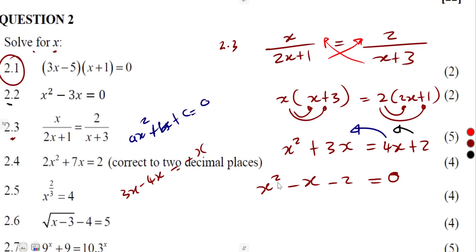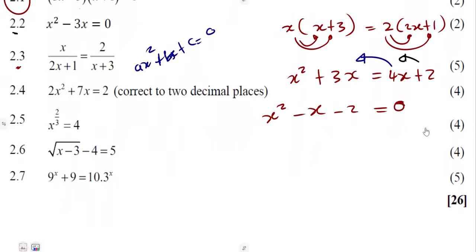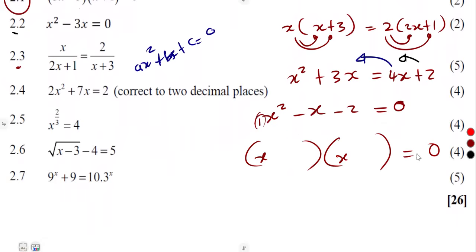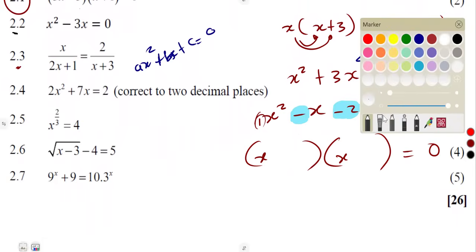So as we can see, guys, we have a normal quadratic equation. You can solve this using the quadratic formula or using the factorization method. I'm just going to try factorize here. That's 1 here, so it's going to be x and x. What are the factors of negative 2, which will add up to negative 1?